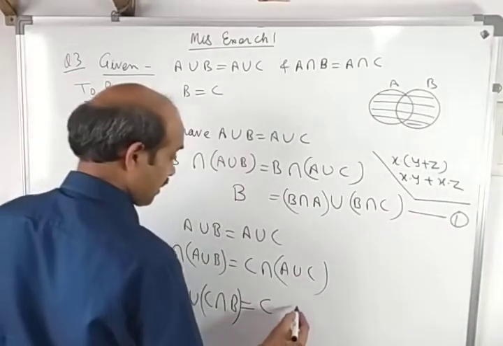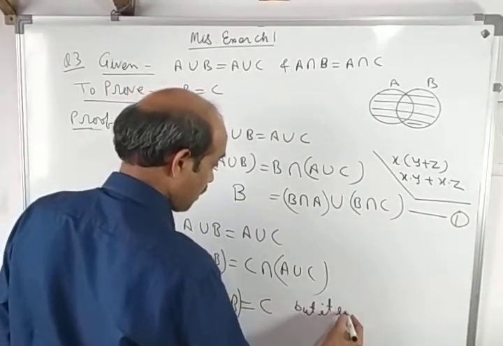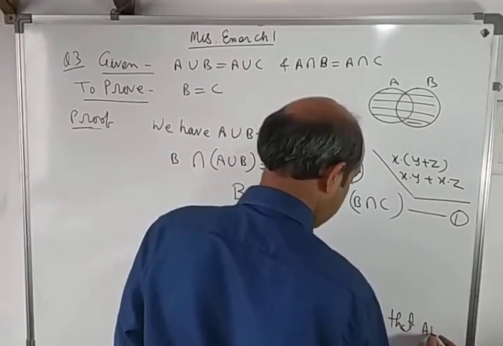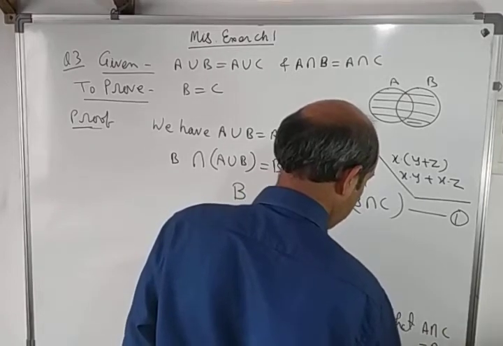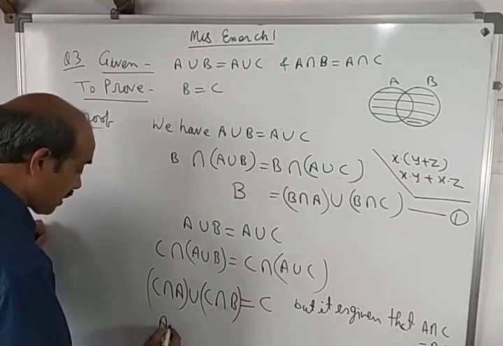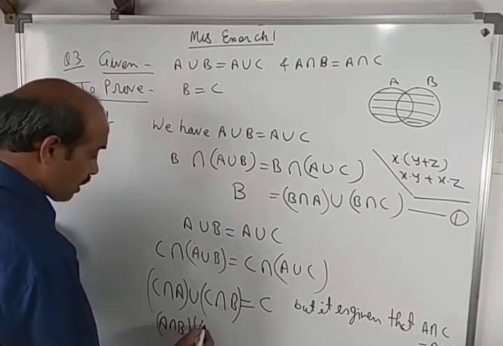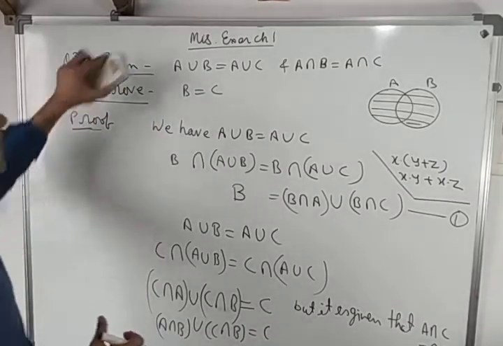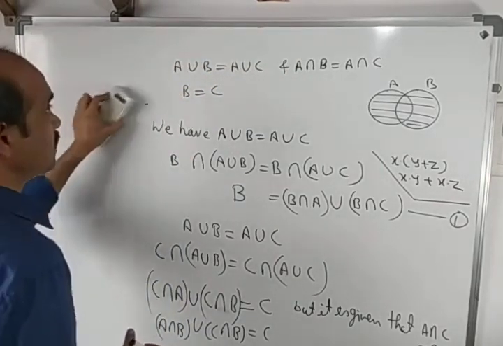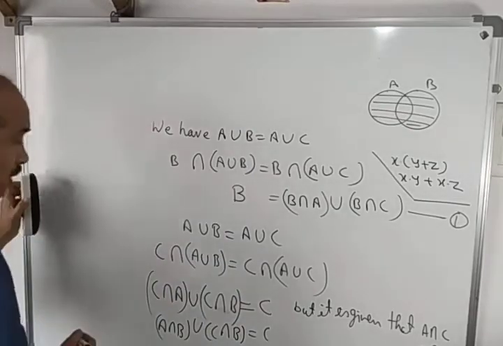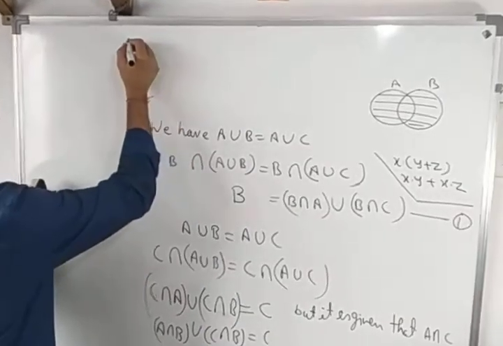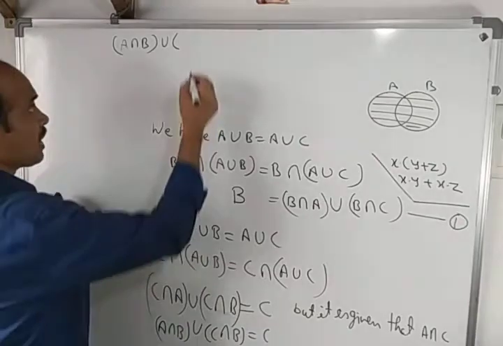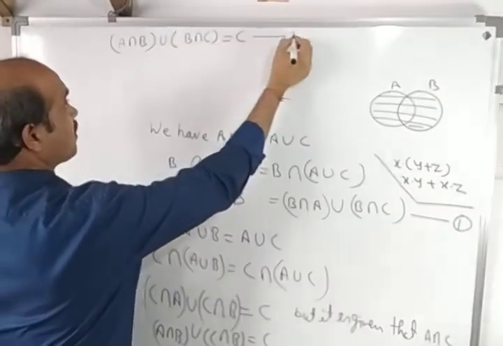After that we will write what is given, that A intersection C is equal to A intersection B. So we will write here A intersection B union C intersection B is equal to C. So this will become A intersection B union, even we are changing it, B intersection C equals C, is number 2.